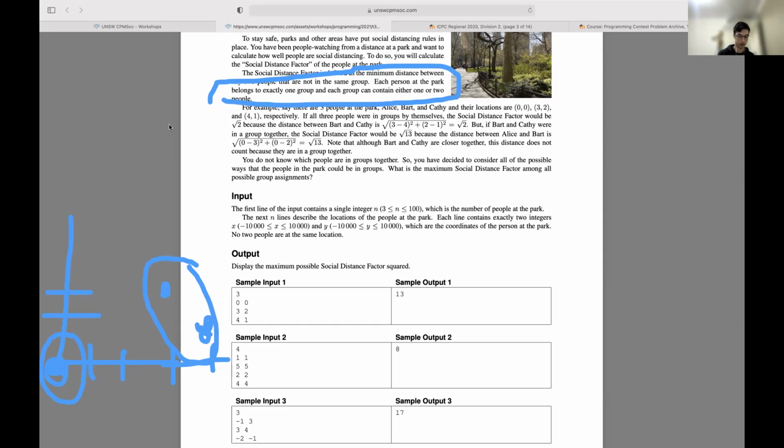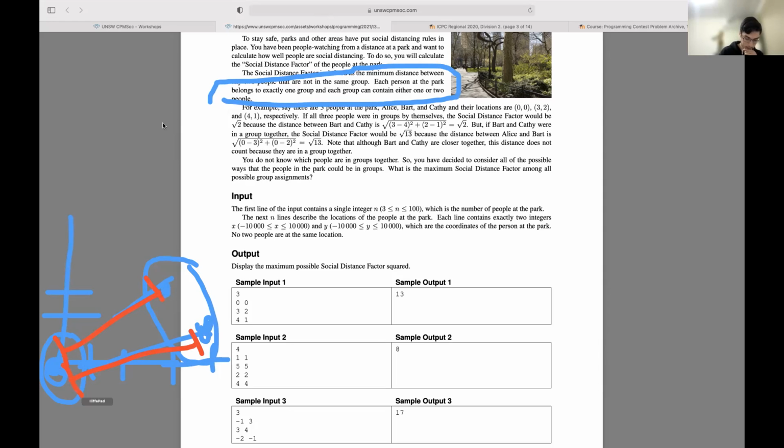I guess you can try the other 2, which would be to group these 2 people and to group these 2 people. And the other one would be to leave everyone alone, but clearly that's not a good idea. In this case, you can check this distance and this distance.